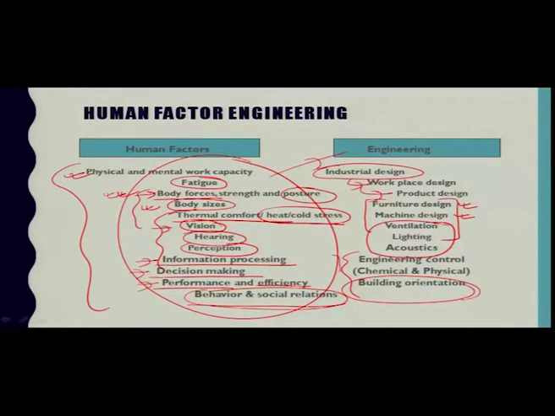A suitable ambient environment needs to be produced to give workers comfort, so that they can perform exceedingly well in whatever task they have been assigned. In this way, human factors engineering is important in every aspect we can think of.